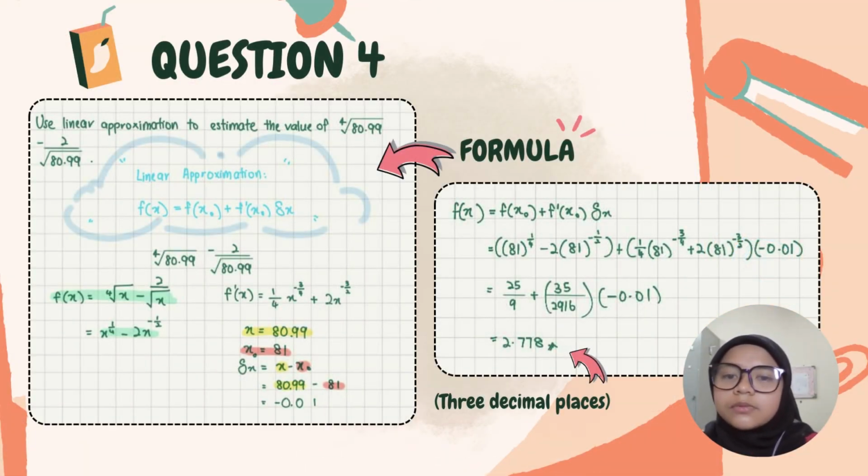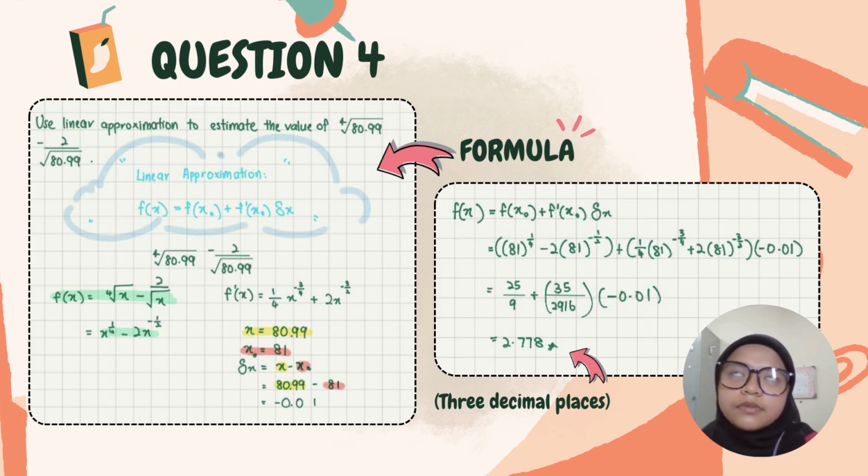Question 4. Use linear approximation to estimate the value of the fourth root of 18.99 minus 2 over the square root of 18.99. So we use the linear approximation formula, which is f(x) equals f(x0) plus f'(x0) delta x. First, we define the function f(x) equal to the fourth root of x minus 2 over the square root of x.